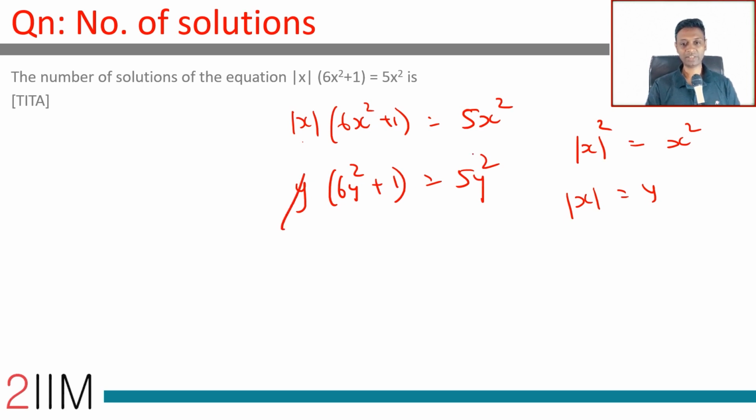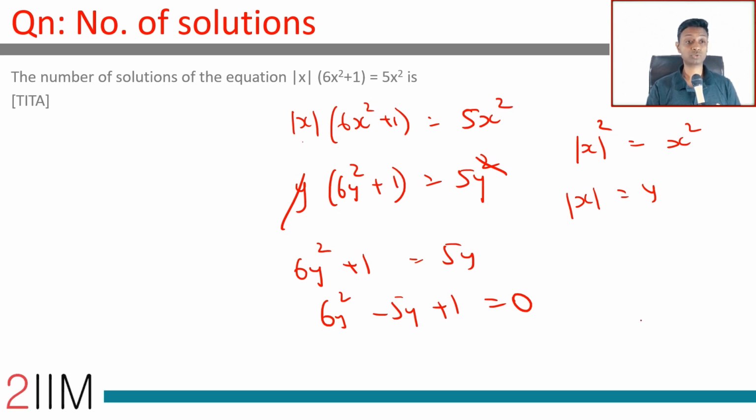So this way we can cancel a y. 6y square plus 1 is 5y. 6y square minus 5y plus 1 equal to 0. Number of solutions. Brilliant. We break this 6y square minus 5y plus 1 as 6y square minus 3y minus 2y plus 1.